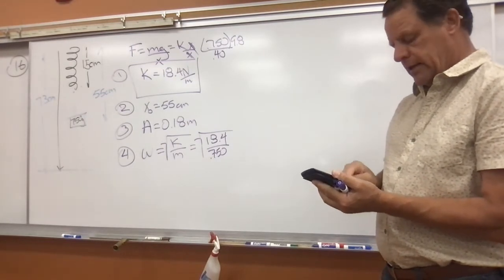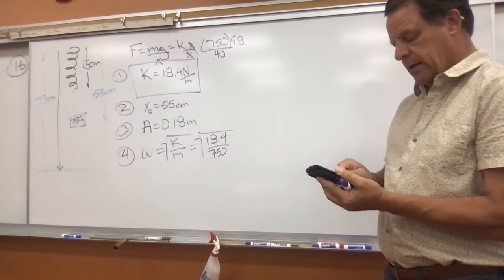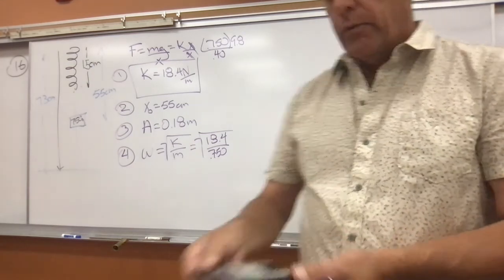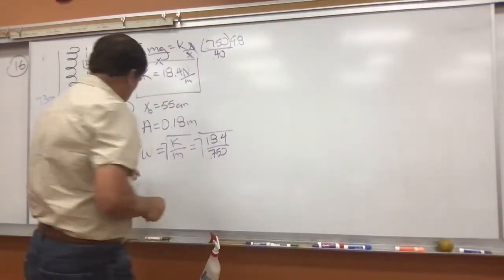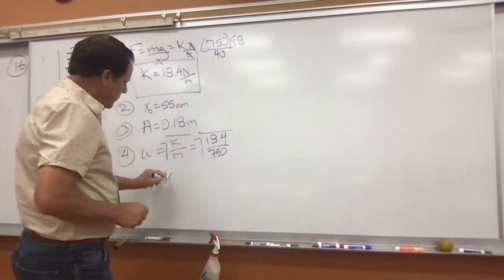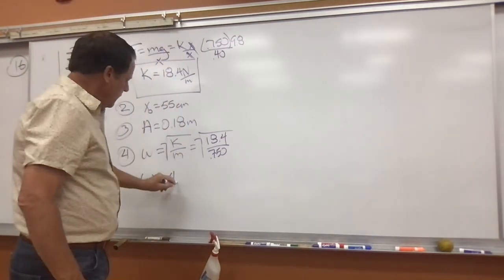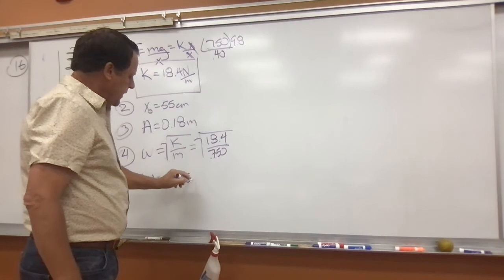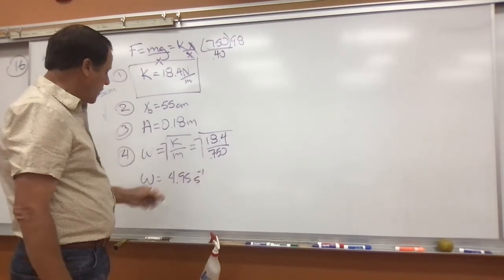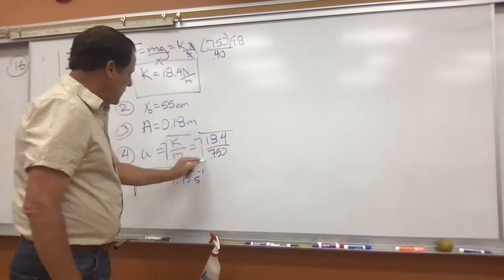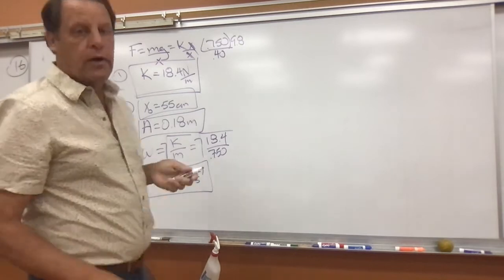So 18.4 divided by 0.750. And then we're going to take the square root of that, and we're going to get 4.95. Okay, so our omega is equal to 4.95, and that would be radians per second, or seconds to the -1, or hertz, or whatever unit you like best for frequency.